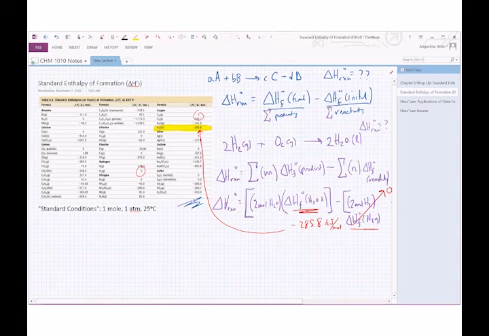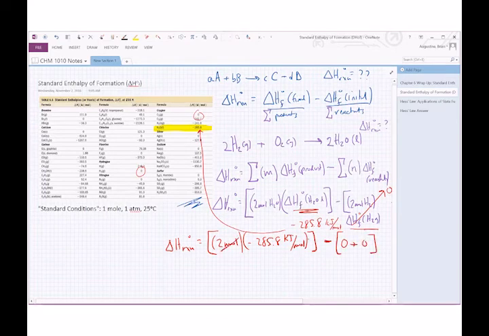All right, so I'm just going to rewrite this. Delta H of reaction is equal to 2 moles times minus 285.8 kilojoules per mole, minus 0 plus 0.